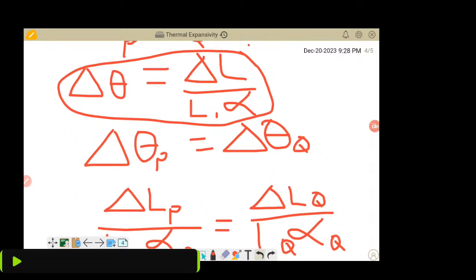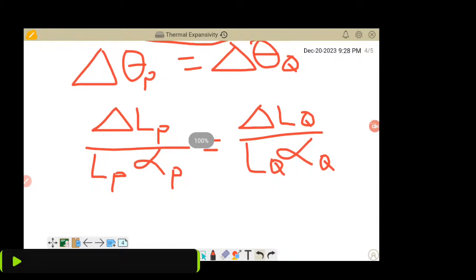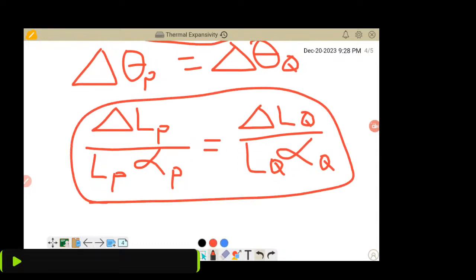We just pick this for P and Q and equate them to each other. That is what we have right here.